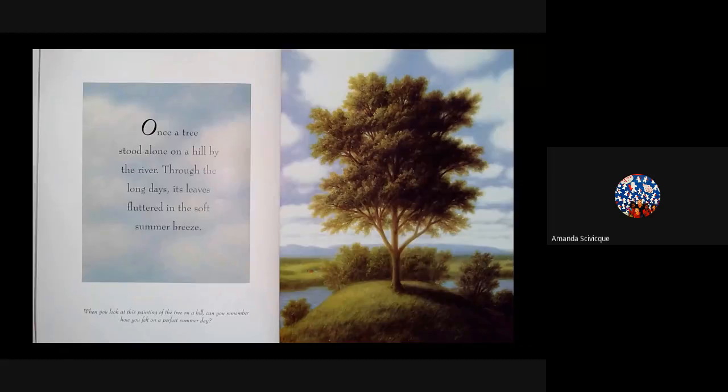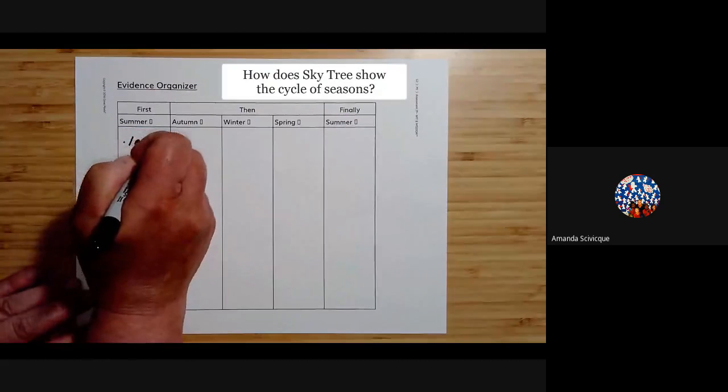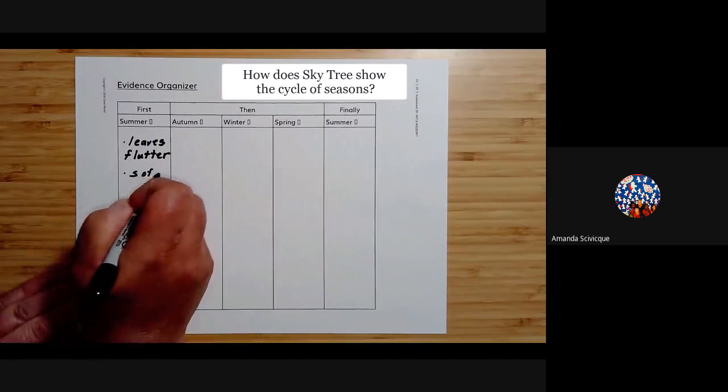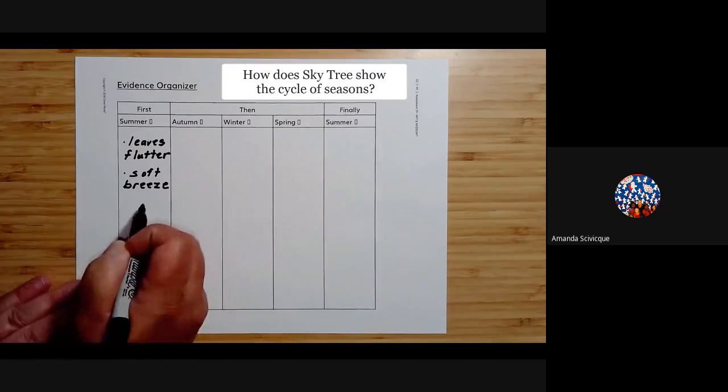The first page says, once a tree stood alone on a hill by the river. Through the long days, its leaves fluttered in the soft summer breeze. I hear evidence that I can include in my informative paragraph. I heard that leaves flutter and that there's also a soft breeze.